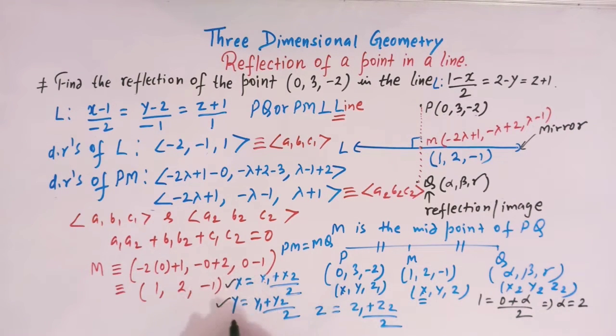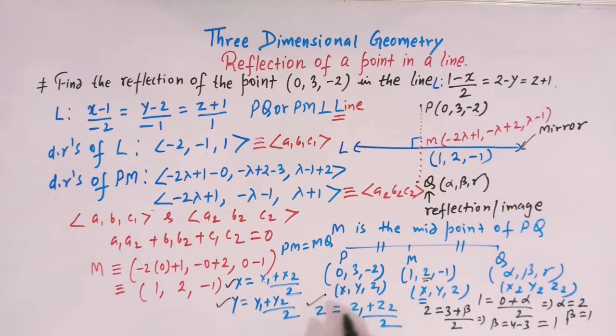Now let us solve the next equation. Here y is 2, y1 is 3, and y2 is beta, over 2. If we solve this equation, we have beta equal to 4 minus 3, that is 1. So beta is 1, and now we can find the value of gamma.